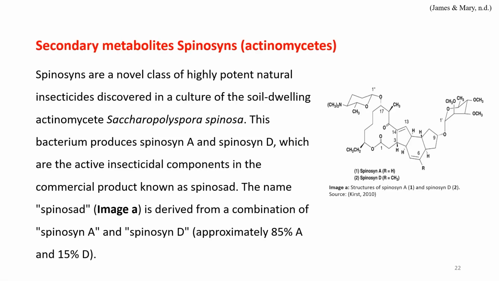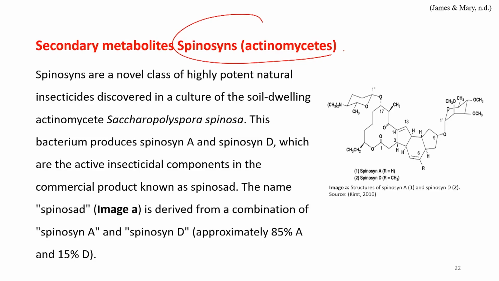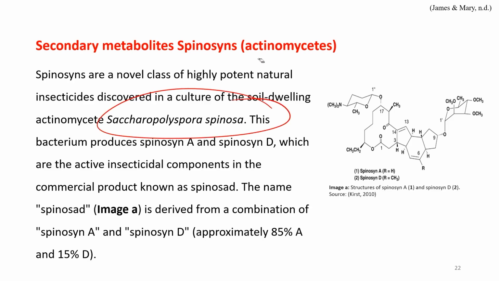Let us discuss secondary metabolites from actinomycetes, like spinosyns. These are a novel class of highly potent natural insecticides discovered in the culture of the soil-dwelling actinomycete, Saccharopolyspora spinosa. This bacterium produces spinosyn A and spinosyn D, which are the active insecticidal components in the commercial product known as spinosad.